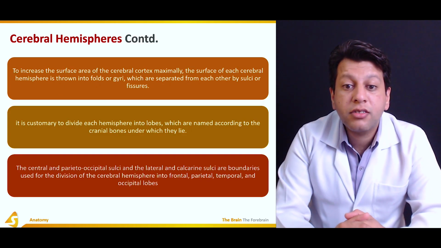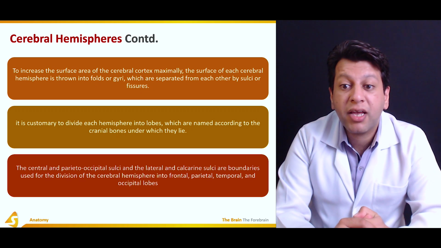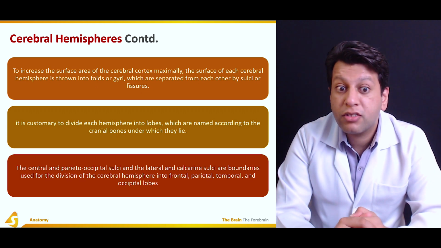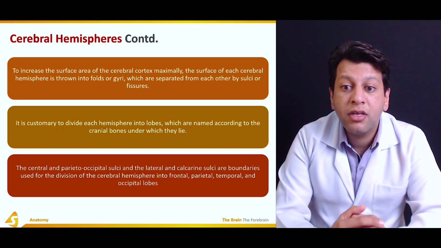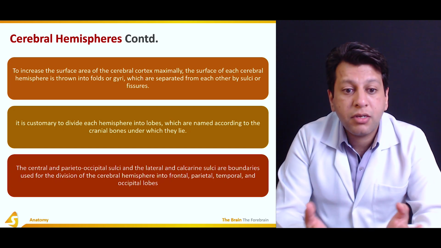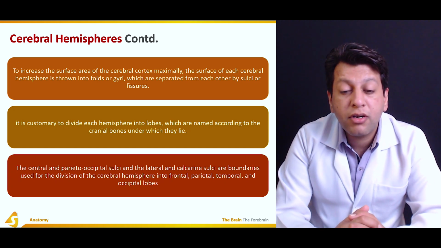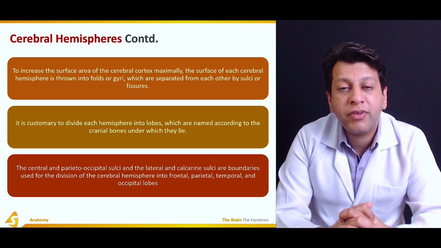To increase the surface area of the cerebral cortex maximally, the surface of each cerebral hemisphere is thrown into folds called gyri, which are the elevations, separated from each other by sulci, which are the fissures or depressions. It is customary to divide each hemisphere into lobes, which are named according to the cranial bones under which they lie.